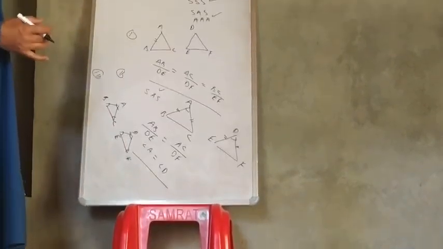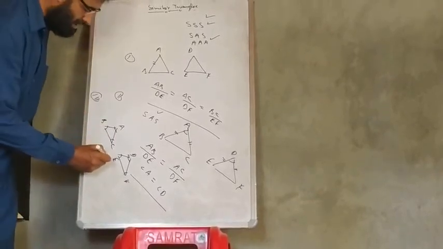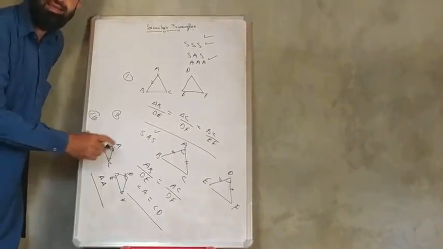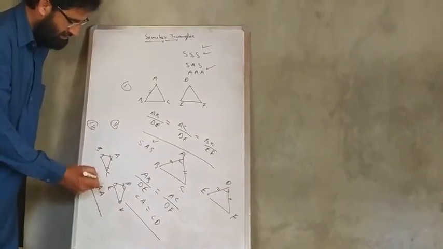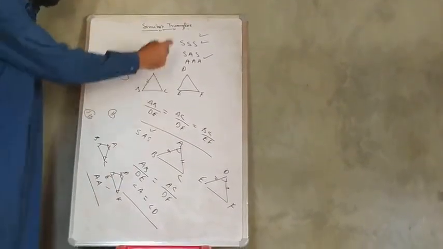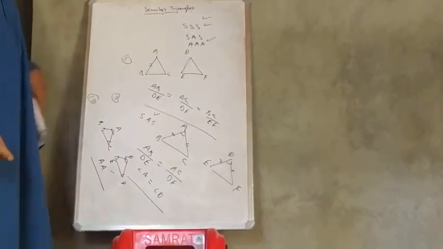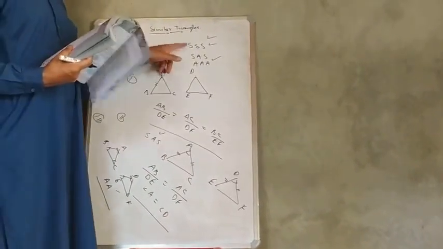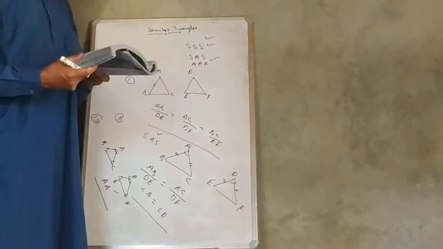You can call it AA similarity because when two angles are equal, the third angle is obviously equal. So these are three rules for triangles to be similar: SSS, SAS, and AAA similarity.